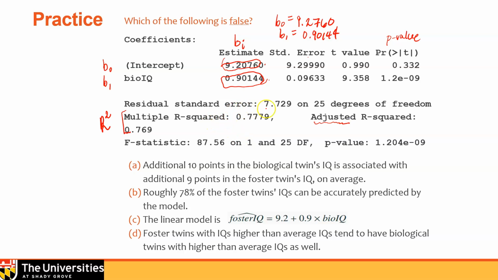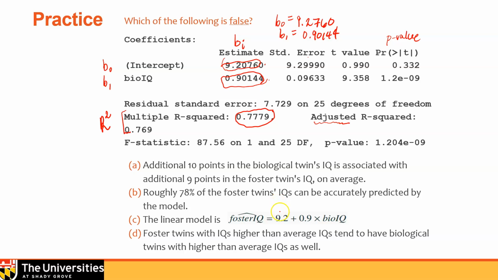But right now, let me just look at that. It looks like almost 78% of the variation in foster twins' IQ can be accounted for by the model with the biological twins' IQ. So this is a pretty good fit, a very, very good fit.